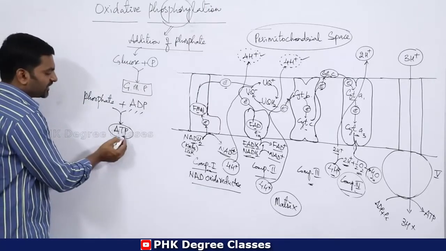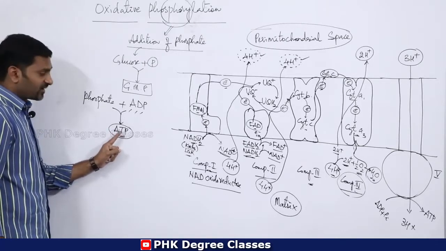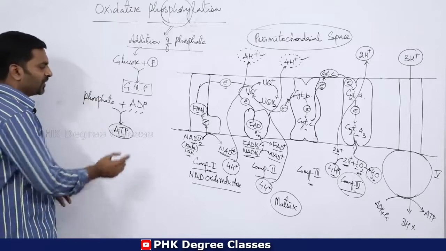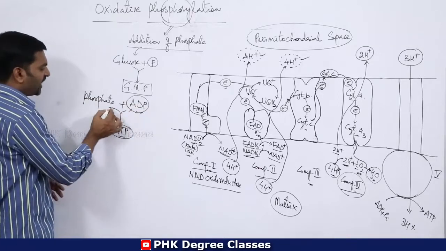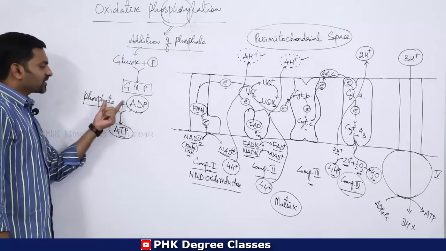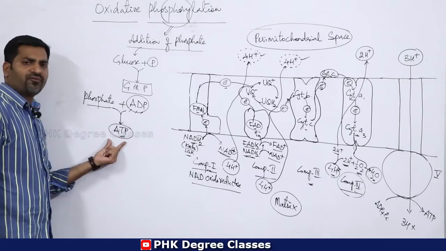Clear? ATP is formed whenever the phosphate and ADP combine together. So adenosine diphosphate and one phosphate molecule combine to form one molecule of ATP.